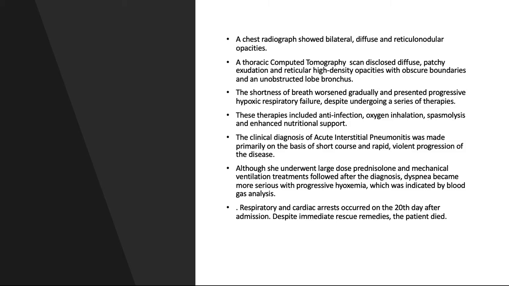Although she underwent large dose prednisolone and mechanical ventilation treatments following the diagnosis, dyspnea became more serious with progressive hypoxemia, which was indicated by blood gas analysis. Respiratory and cardiac arrests occurred on the 20th day after admission, and despite immediate rescue remedies, the patient died.